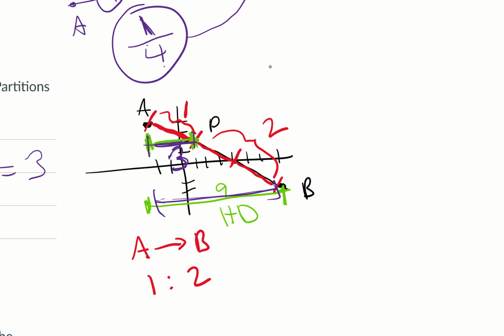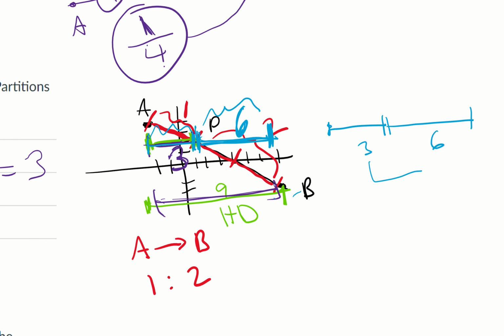However, what kind of ratio is it from here to here? Because this is what we want. Well, if the whole thing is 9 and this is 3, then this is 6. So this distance is 6, this distance is 3. That is what we're interested in. We want to figure out what that distance is, 3 to 6. So that's a 3 to 6 ratio.